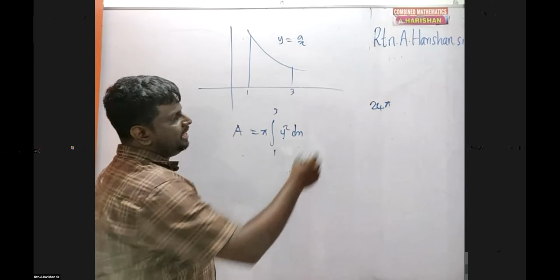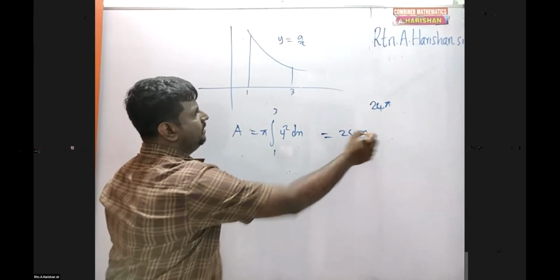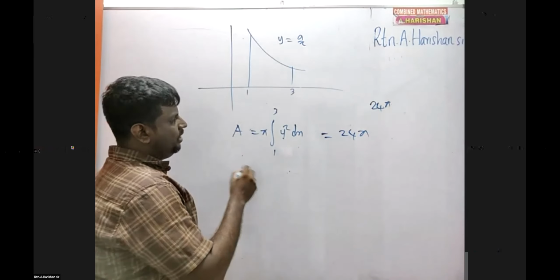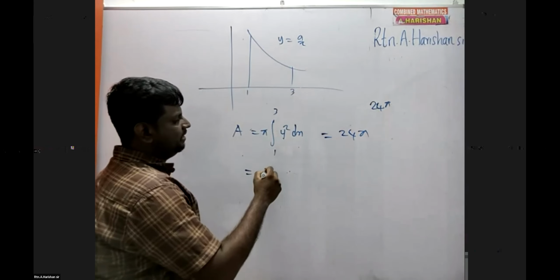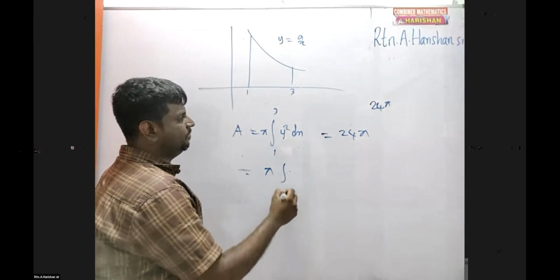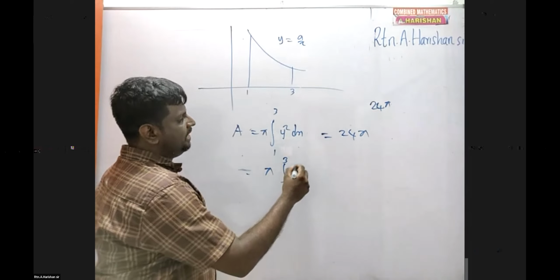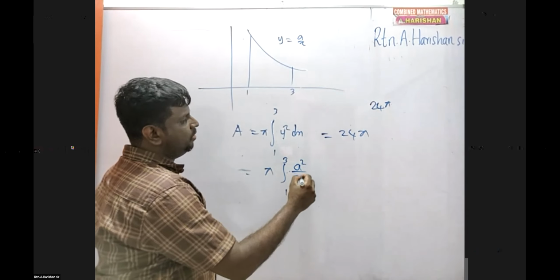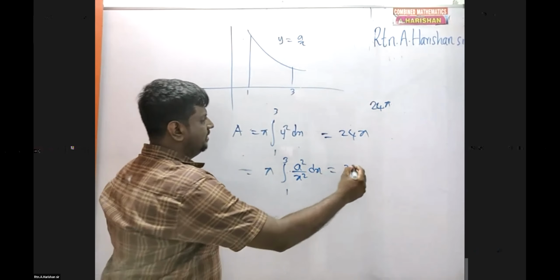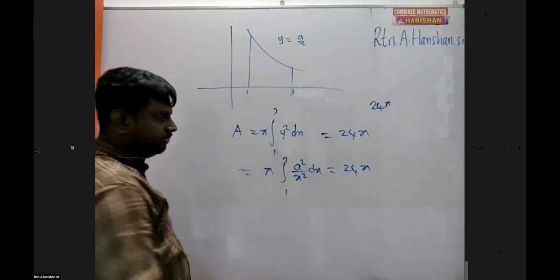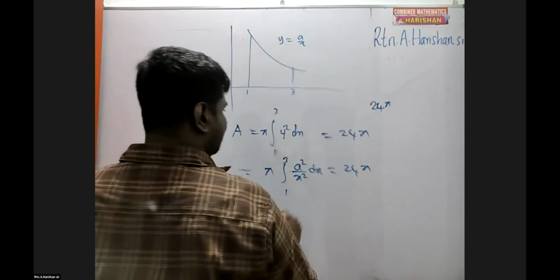So that volume is 24 pi, given. You have to integrate this. What is y? y is A over x, so y squared is A squared over x squared. The integral of pi A squared over x squared dx from 1 to 3 is 24 pi. Pi cancels.